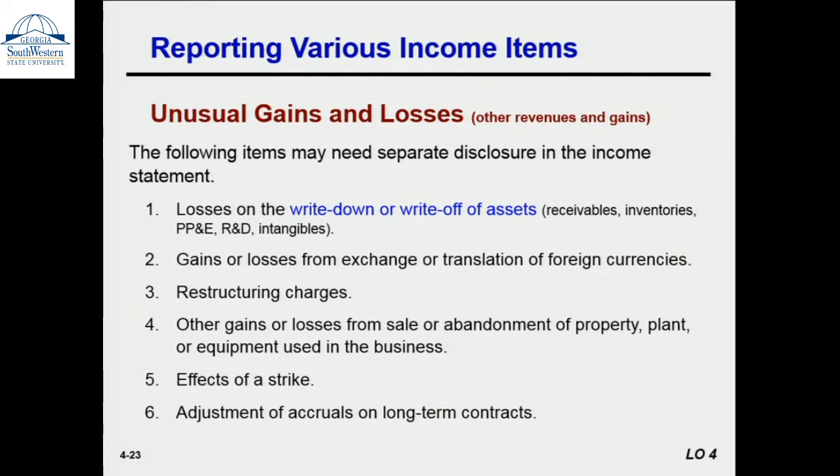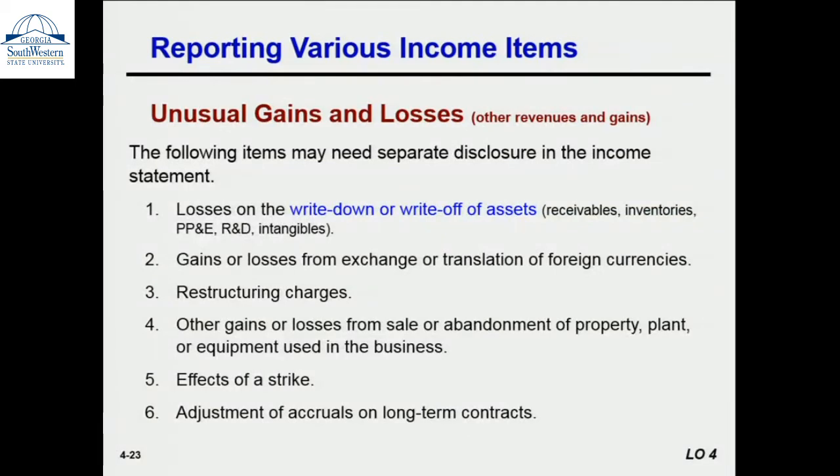We are talking here about things that are not part of our operations. These are not part of our primary line of business, but they're unusual things like these here that, if they're material, we need to disclose in a specific way.